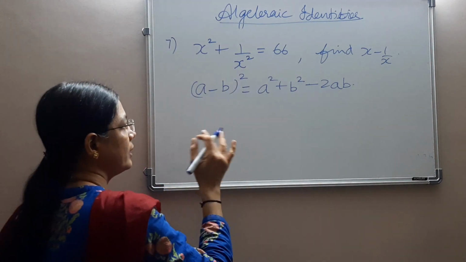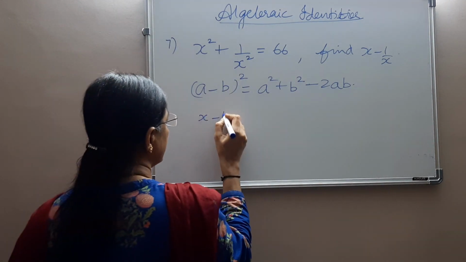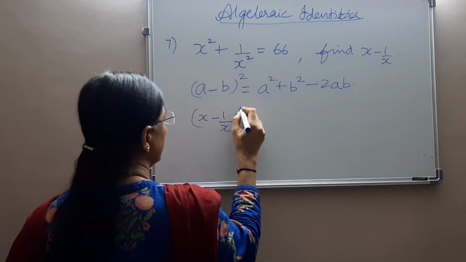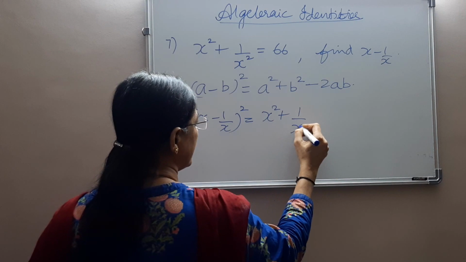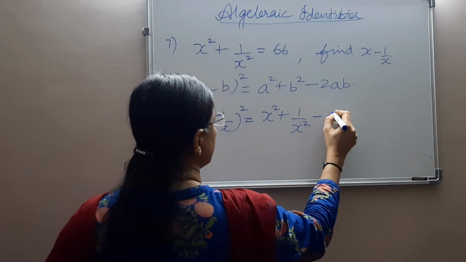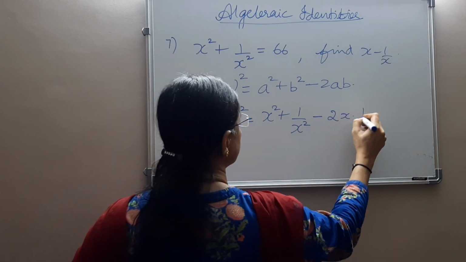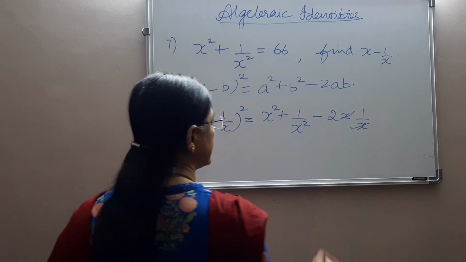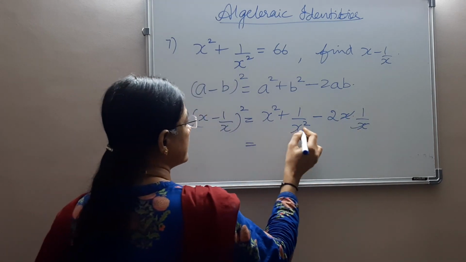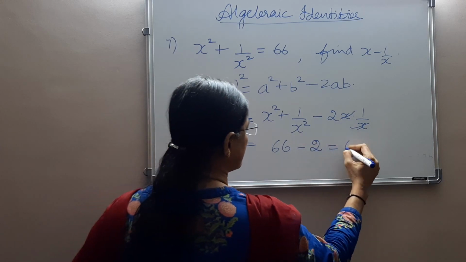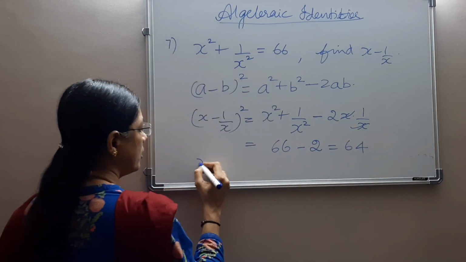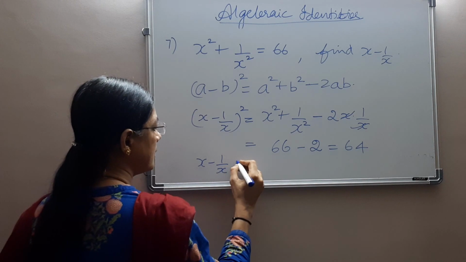Okay, so first we'll do x minus 1 by x the whole squared is equal to a squared, which is x squared, b squared, which is 1 by x squared, minus 2 times x into 1 by x. So the x gets cancelled, and for x squared plus 1 by x squared you have 66 here. So 66 minus 2 is 64. Now what is x minus 1 by x here?